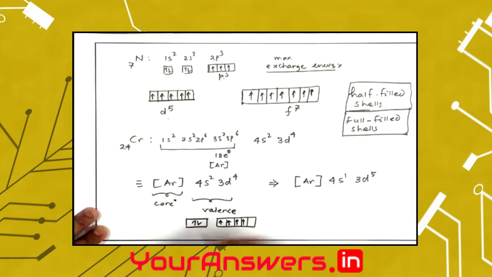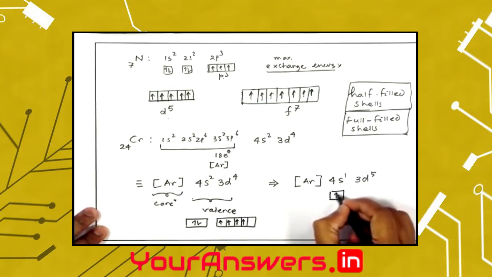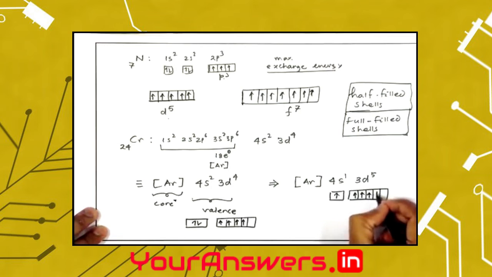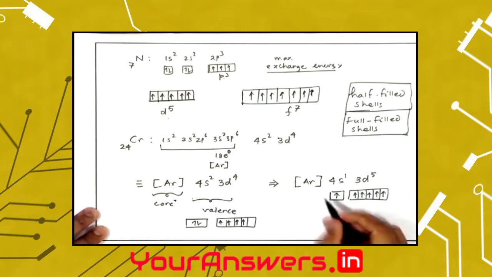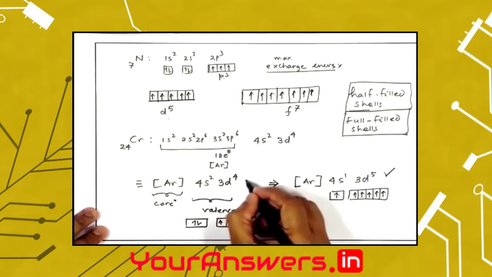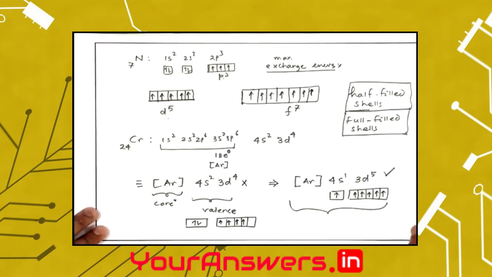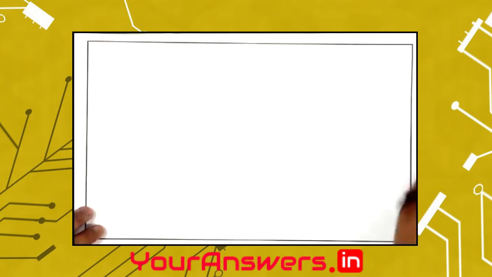It transfers 1 electron from 4s to 3d. By that, it gains a lot of exchange energy, and therefore this configuration is more stable and the other configuration is less stable. So we see chromium in this configuration. We can take another example.